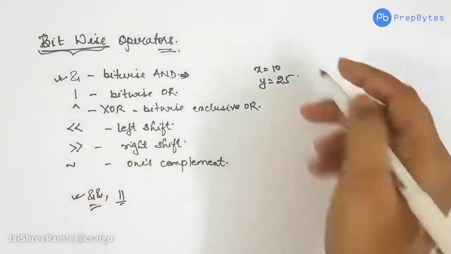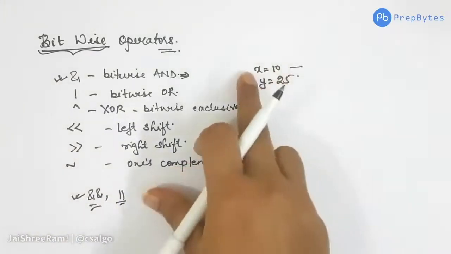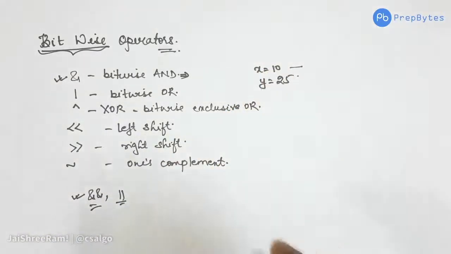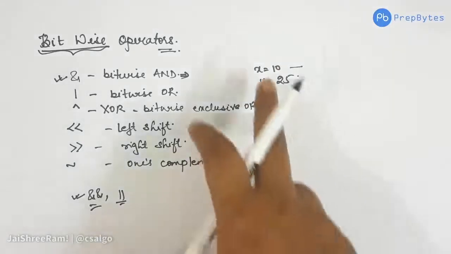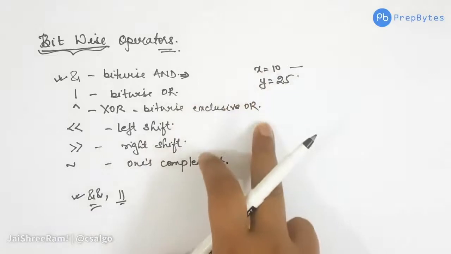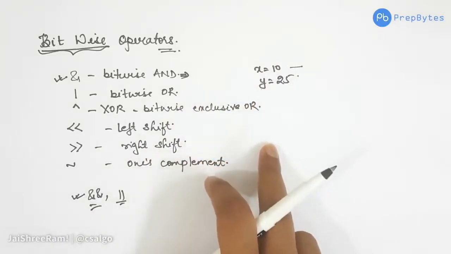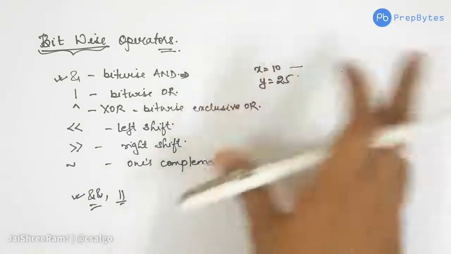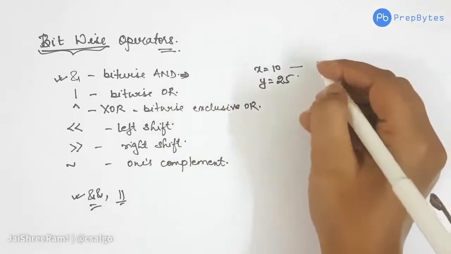Let's try to understand this. Let's say X is a short int, and it takes 8 bits. So I convert this into binary representation.